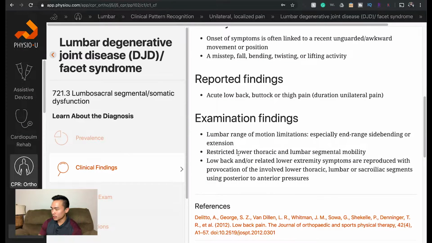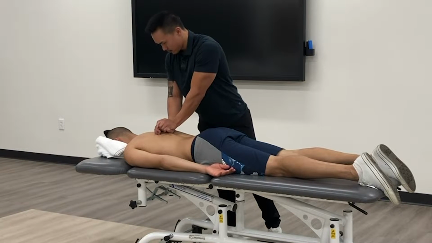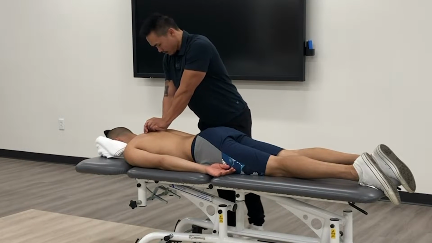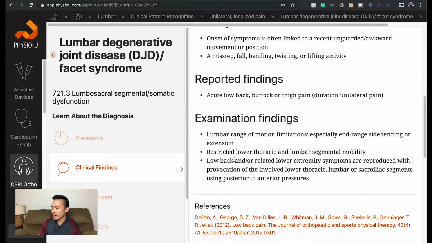Next, there's restricted lower thoracic and lumbar segmental mobility, meaning in the joints by themselves. Okay, a little stiff here. Any pain? Yeah, okay, good. Any pain? No. And how about here? No. Okay, good. And then low back and or related lower extremity symptoms are reproduced with provocation of the uninvolved lower thoracic, lumbar or sacroiliac segments using posterior to anterior pressures.